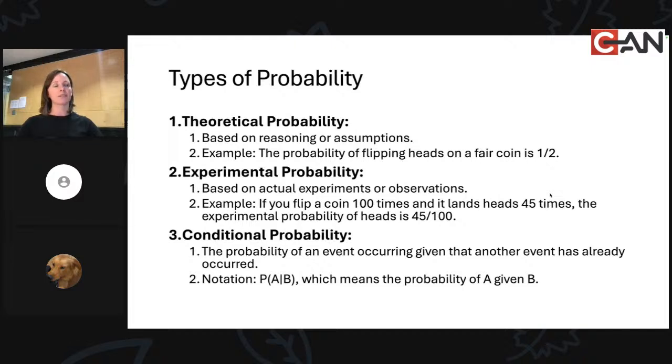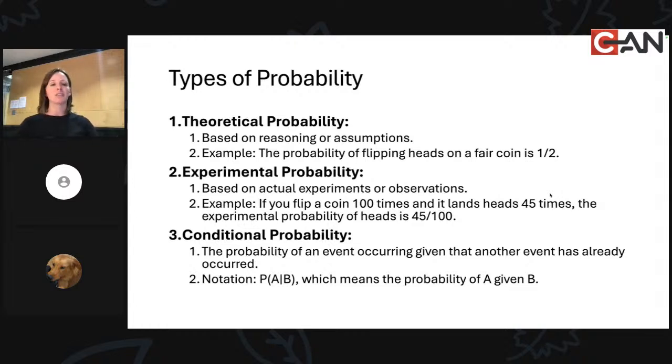There are different types of probability, and this is probably a gross oversimplification, so people from probability theory will be upset by this, but there is maybe a theoretical probability. That is, what is the probability of flipping heads on a fair coin? Well, we can use some reasoning and some assumptions about that, and we can say that it's 0.5.